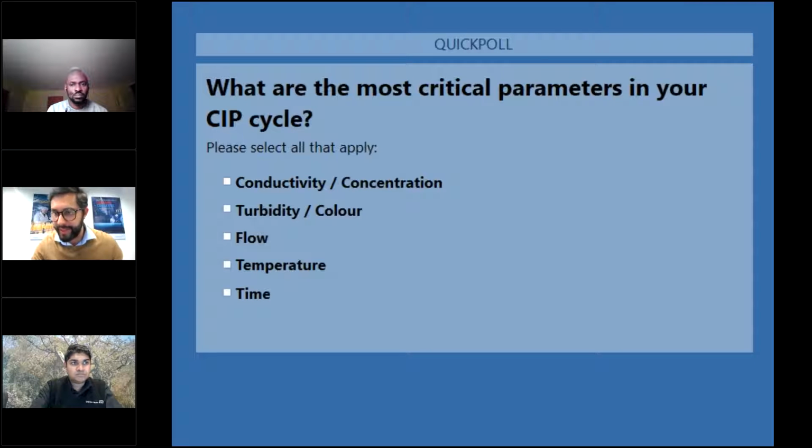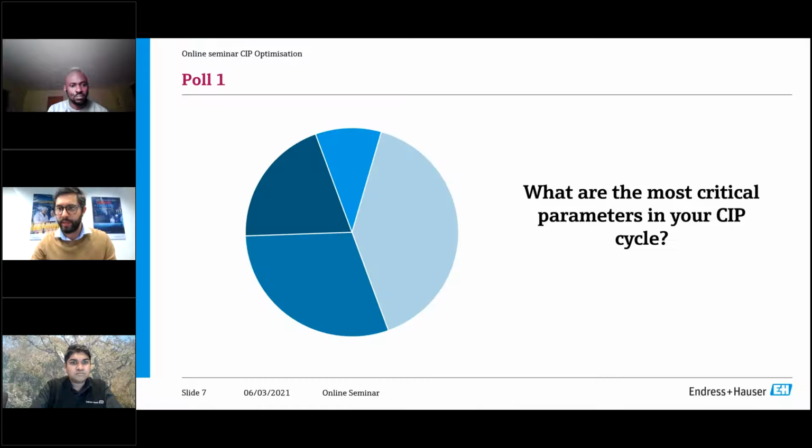We can see that turbidity and color are not well explored. That's really good because we're going to cover this topic and how we can optimize your process with turbidity and color sensors as well. Thank you very much for those of you who voted. I'm going to close this one so we can continue our presentation.